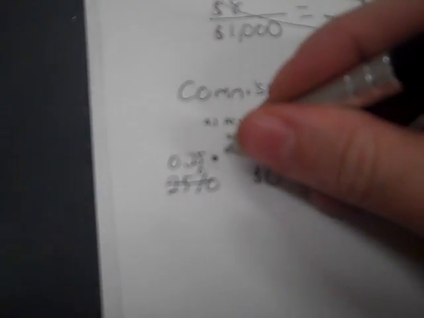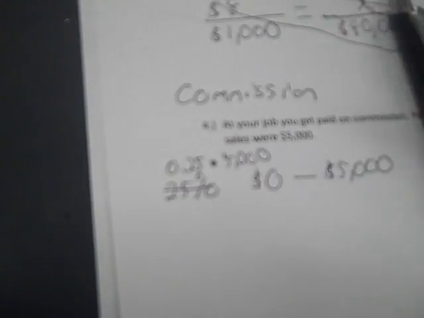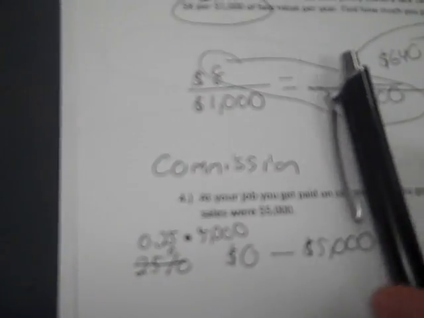And then multiply, and I got to subtract. So 5,000 minus 0 is 5,000. Okay, now 0.25 times 5,000 is $1,250.